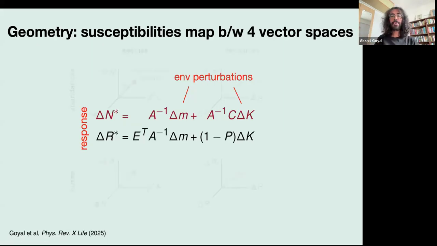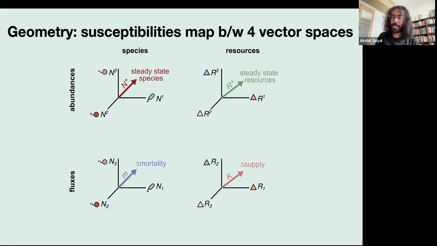And so you can formalize that picture in terms of this cartoon that I like to draw, which is that you can draw out what these four spaces look like. There are these four spaces: species and resources, abundances and fluxes. And each of our four key quantities in our consumer resource models lives in one of these four spaces. Our species abundances is a vector that lives in the space of species abundances.